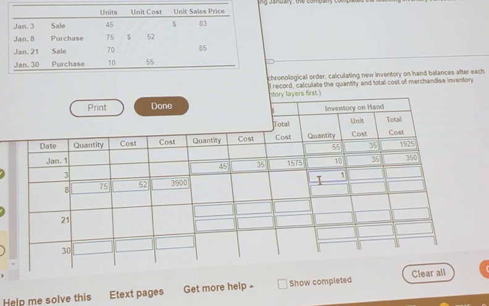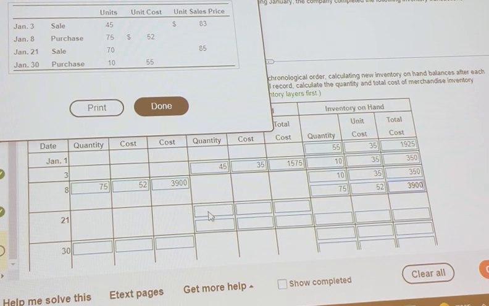So the first layer we would copy down from above, so that would be 10 units at $35 each, total of $350. And then the other layer we would copy across from the purchase, so that would be 75 units, $52 each, total of $3,900.